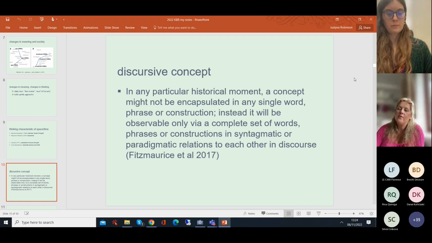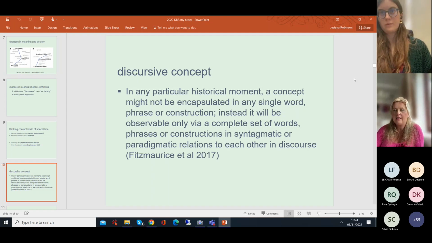So Susan Fitzmaurice, who was the lead on that project, says that in any particular historical moment, a concept might not be encapsulated in any single word, phrase, or construction. Instead, it will be observable only via a complete set of words, phrases, or constructions in syntagmatic or paradigmatic relations to each other in discourse.